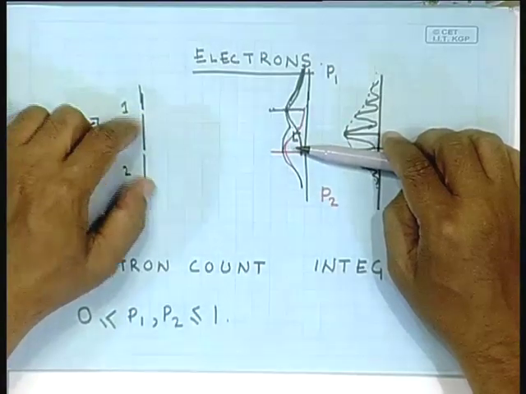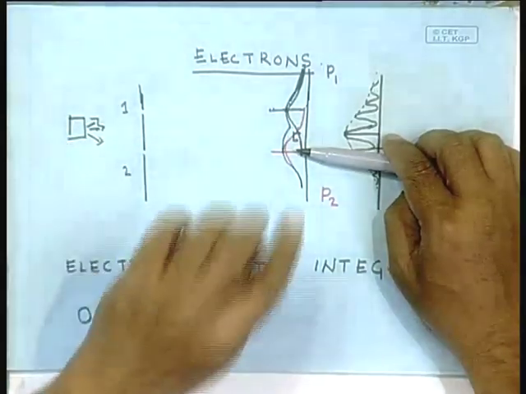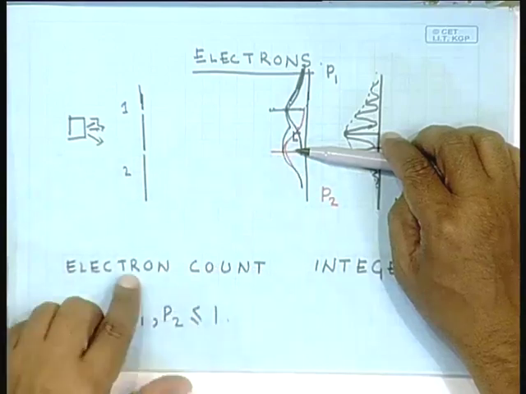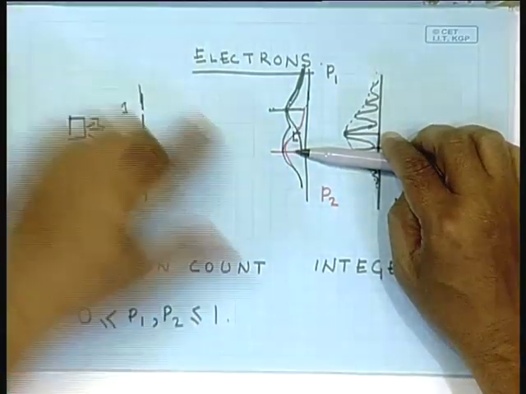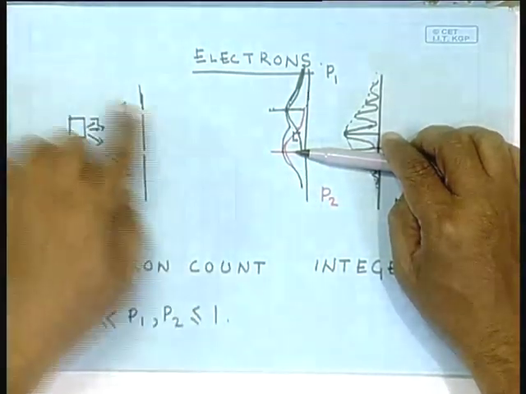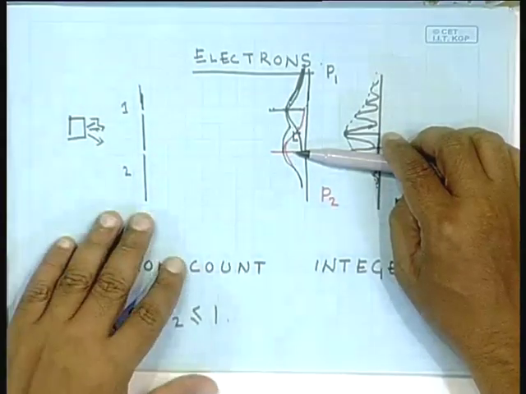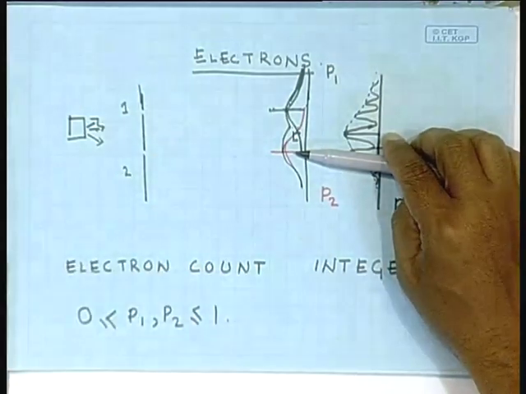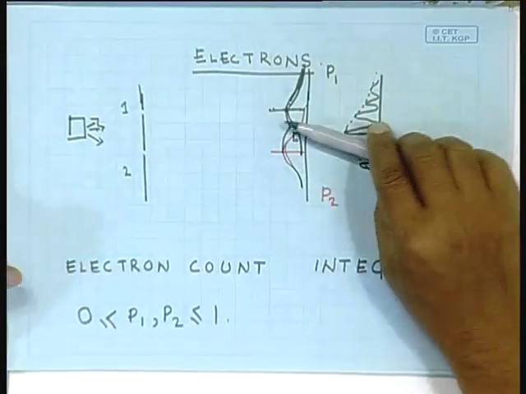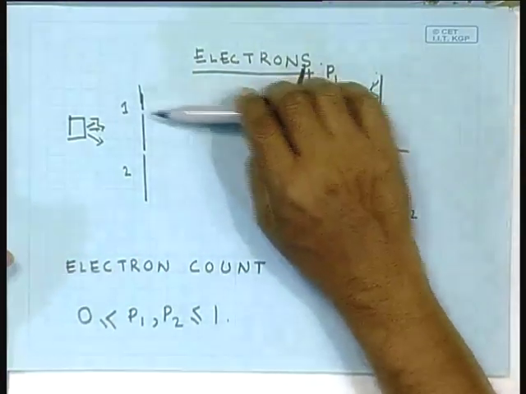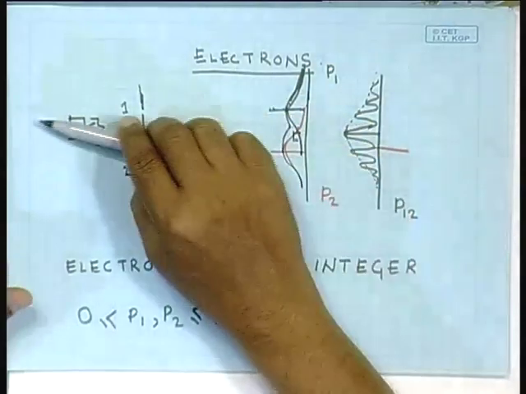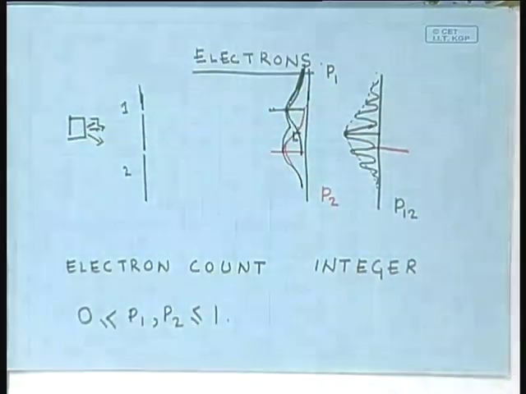Now, when I open both of them and I sit quietly with my detector there for some time, I find that I get no count at all. So, when only slit 1 is open, there is a probability that the bullet can reach here. When only slit 2 is open, there is a probability that the bullet can reach here, but when I open both of them together, I find that there is no probability that the bullet can reach here. There are situations like this which occur when I open both the slits and I send electrons in from this side. The question is, how do we explain this?